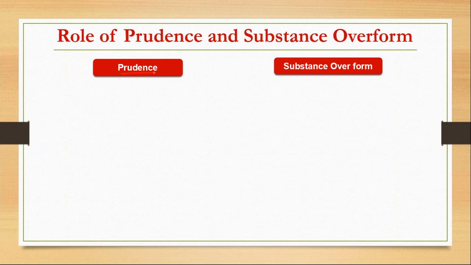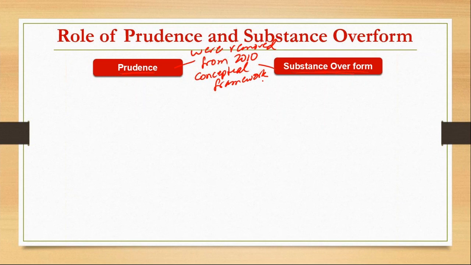Now, there were two concepts, prudence and substance over form, which were actually removed from the 2010 conceptual framework, but now they are being reintroduced in the framework again. Long term, this is something subjective.